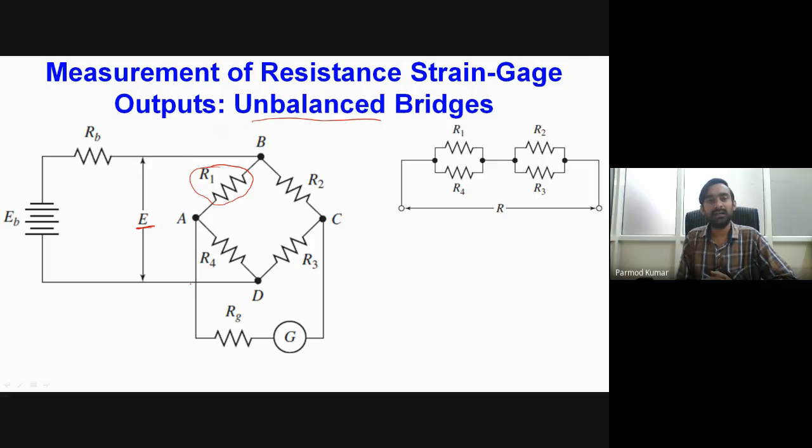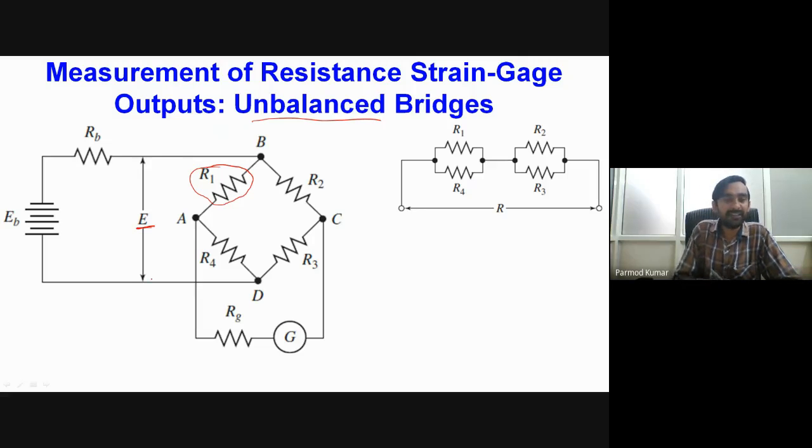While we have mechanical deformation of the diaphragm, the value of R1 will change depending upon the amount of deformation, or rather the local strain produced in the location where our strain gauge is attached.